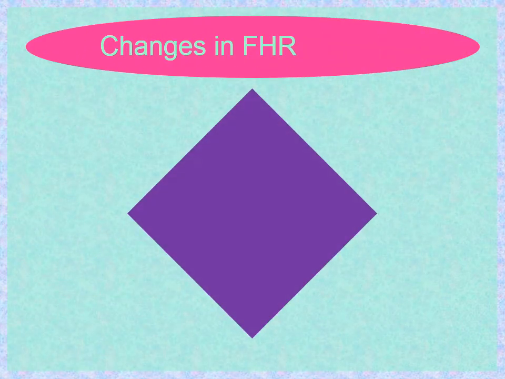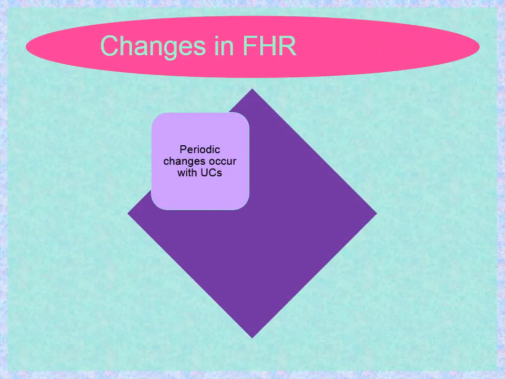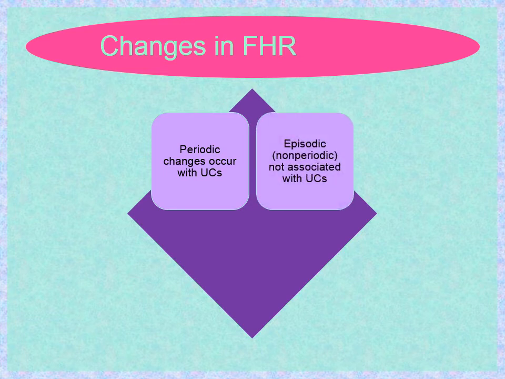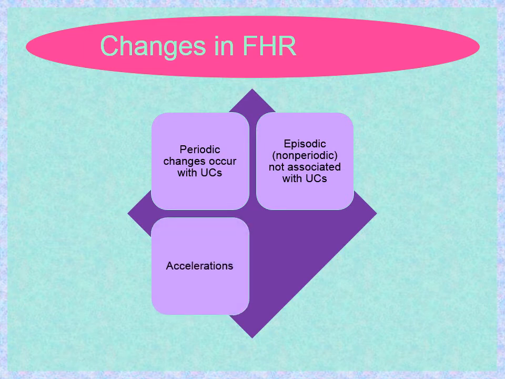The changes in fetal heart rate include periodic changes that occur in the fetal heart rate in association with uterine contractions. Episodic changes or non-periodic changes are not associated with uterine contractions. Accelerations in the fetal heart rate are defined as visually apparent abrupt increases in the fetal heart rate that from onset to peak are less than 30 seconds.